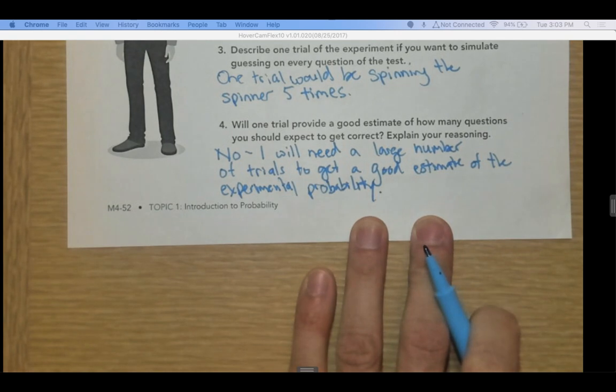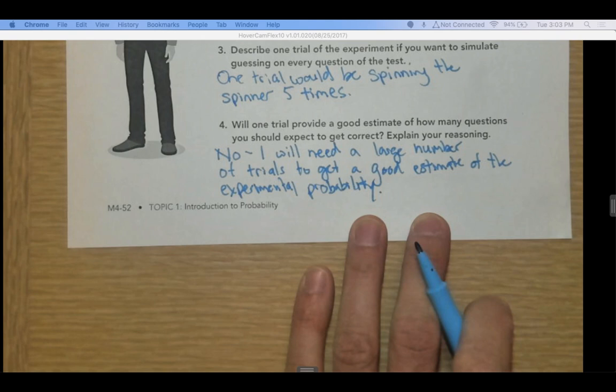More trials, the better off you're going to be. It gets closer to the theoretical probability. And so we would see what that would probably be.